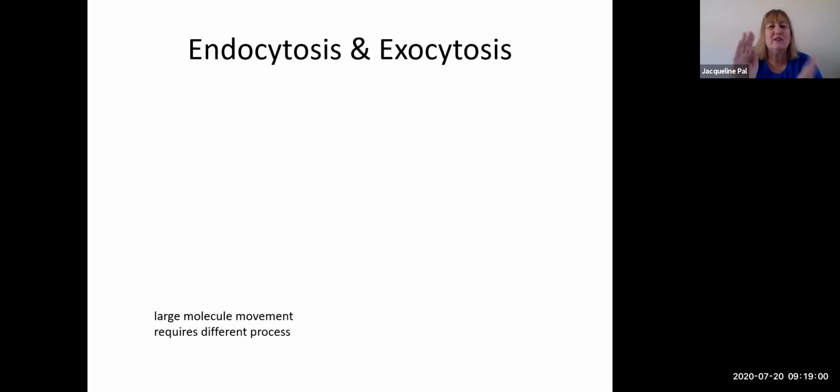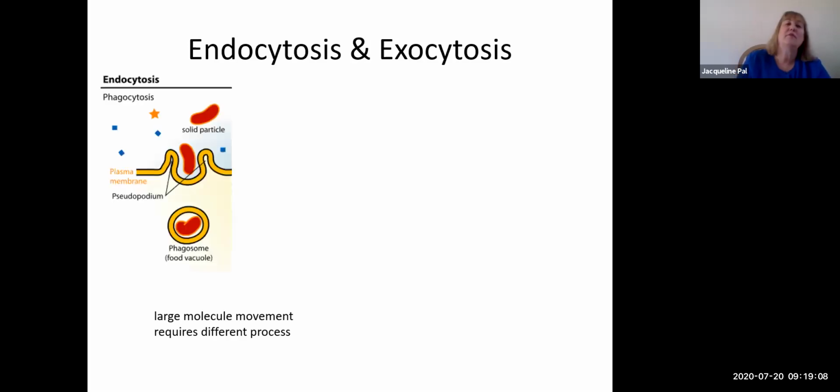So with endocytosis, we're going to have two different types, one for the solid stuff and one for the liquid stuff. So I don't want to hear you complaining about that either. For the solid stuff, the specific type of endocytosis is known as phagocytosis, because phage means to eat.